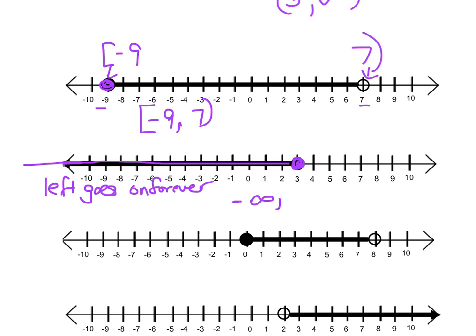Then a comma. It's still considered the first term of this. Then the highest number that you could possibly have is 3. And then 3 is colored in, so that's a square bracket. And the negative infinity gets a parenthesis every time.